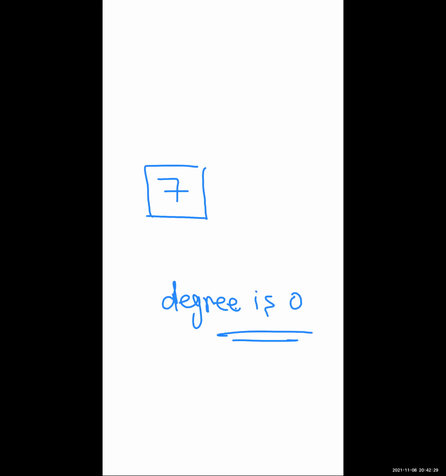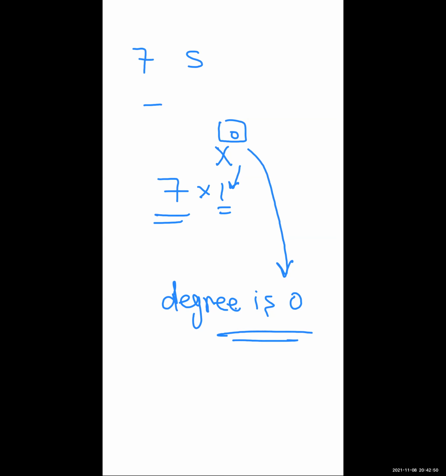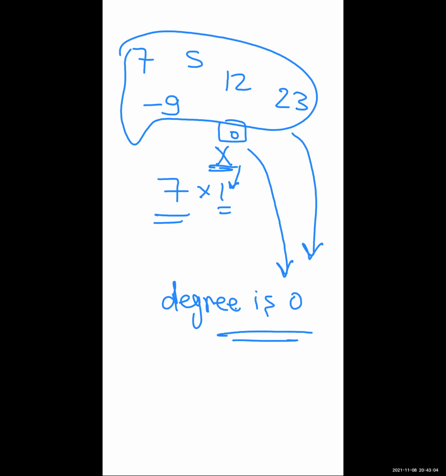So we will consider that 7 is actually 7 times 1, and this one is actually x to the power 0. So the power here is 0. x to the power 0 equals what? Equals 1. Therefore, if there are only numbers like 7, 5, -9, 12, 23, the power of the variable here is 0. So it's 0 degree. All numbers are at 0 degree. Okay, guys? Clear?